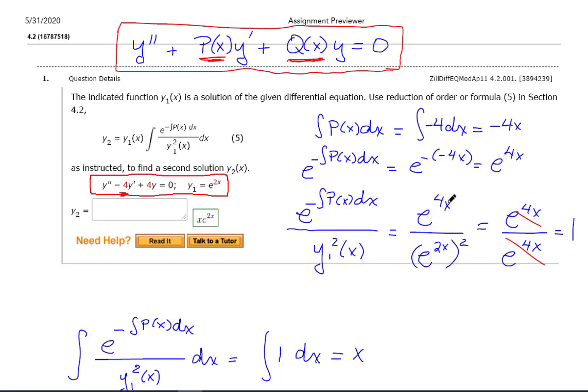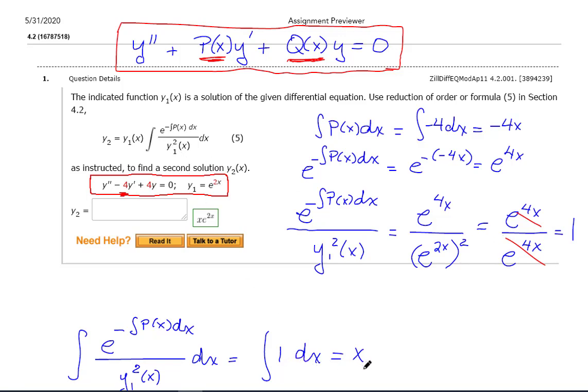So I've got e to the 4x over y1 squared. Well, y1 is e to the 2x. And e to the 2x times e to the 2x, the exponents add: 2x plus 2x is 4x. And those cancel and we get a 1. So in actuality, I'm integrating 1.